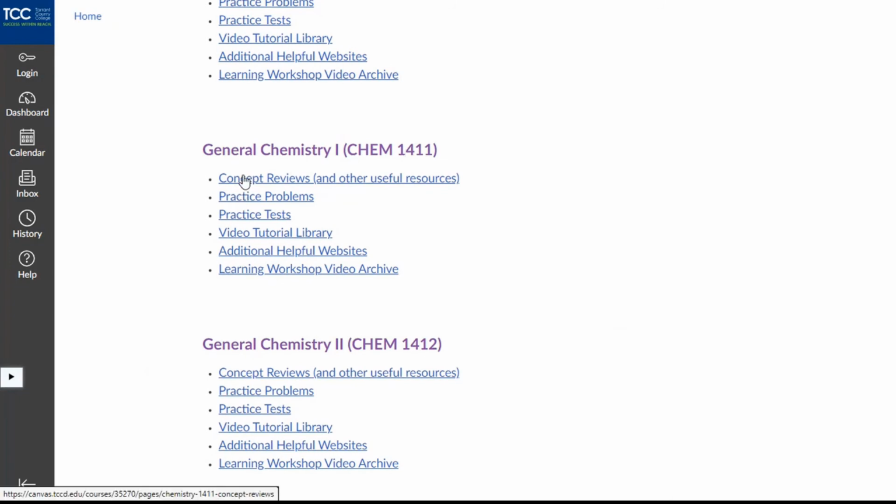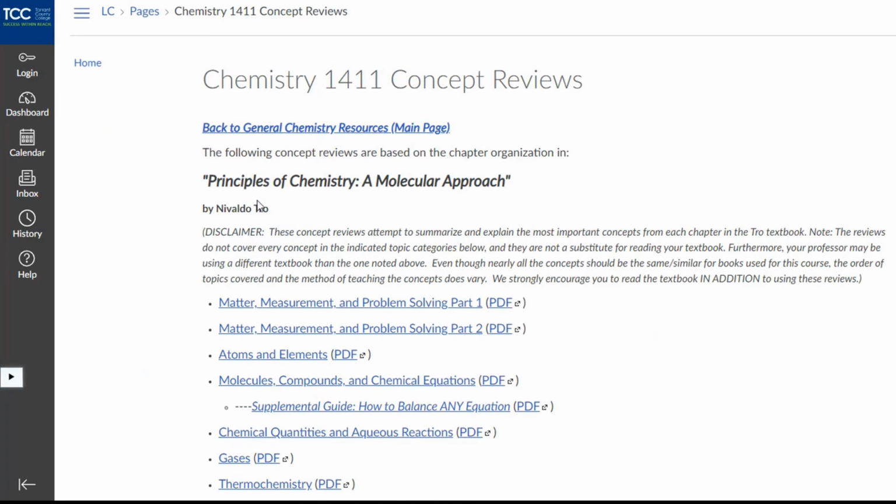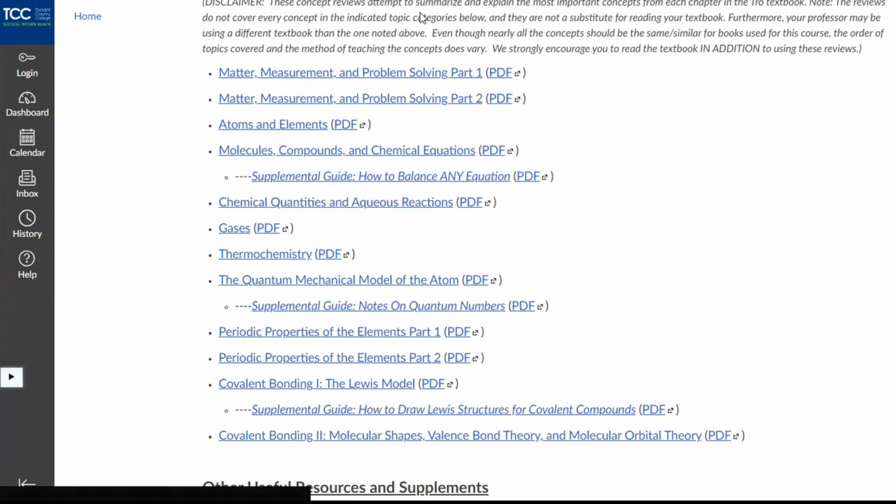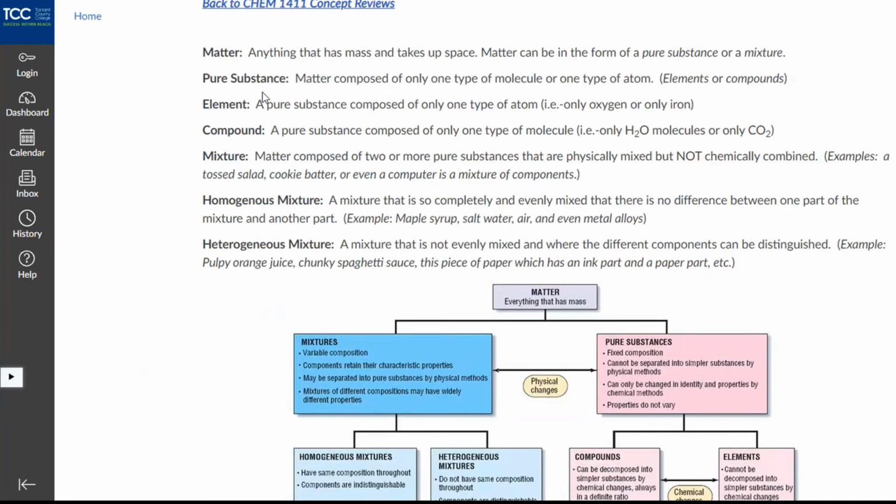These concept reviews are your best friend. If you want to go through all of the different definitions and terminology, this is the place to review. For example: What's matter? What's a pure substance? What's an element? What's a compound? What's a mixture?